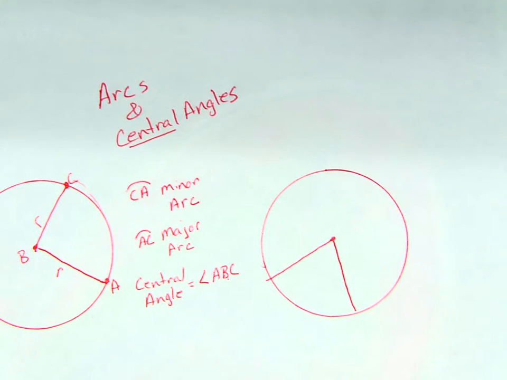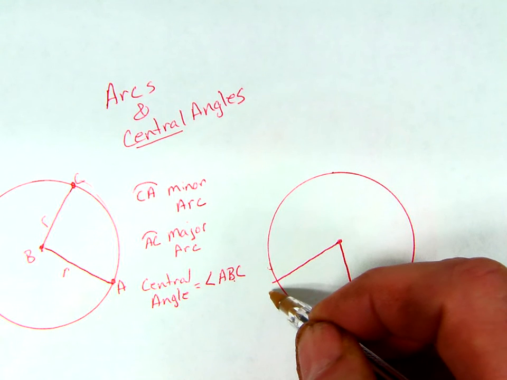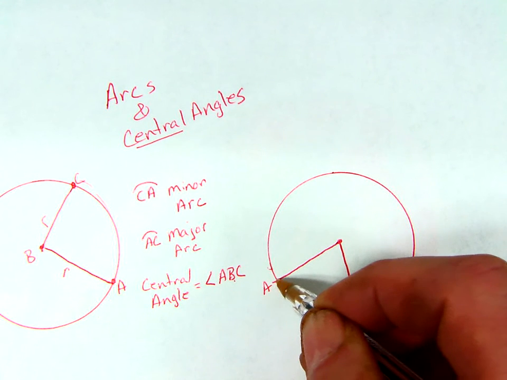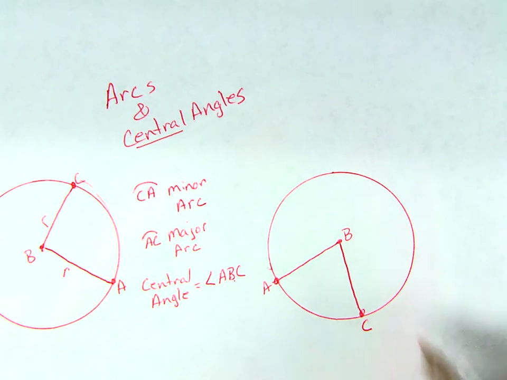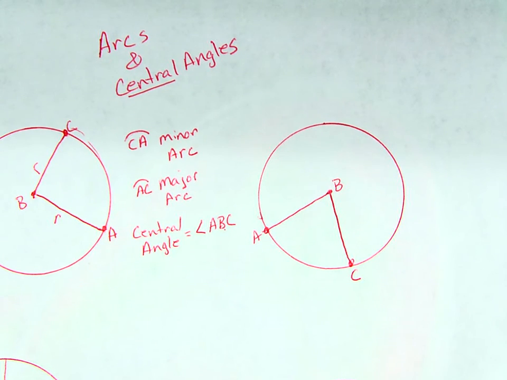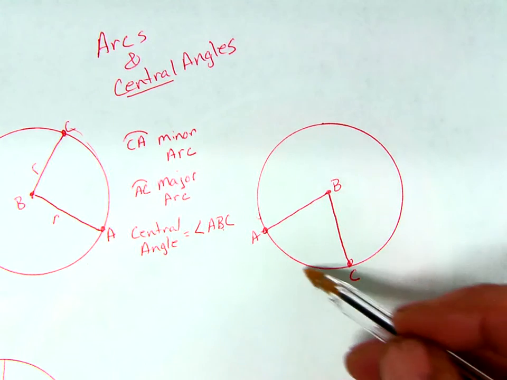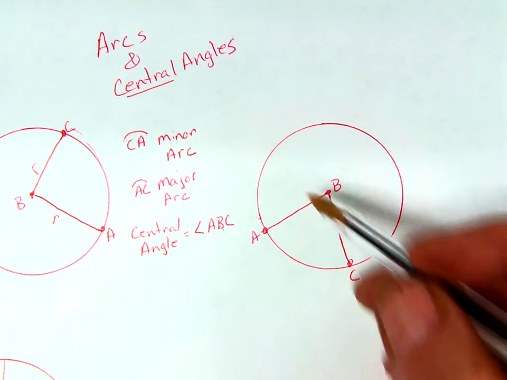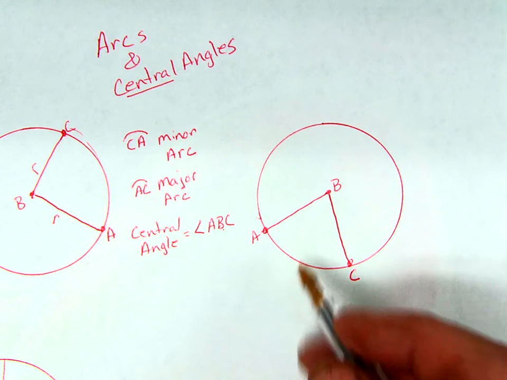And sometimes you'll have an angle, and it will say angle ABC, and it wants you to name the arc made by angle ABC. Now, think again, clockwise rotation. So what is the name of the arc made by angle ABC?